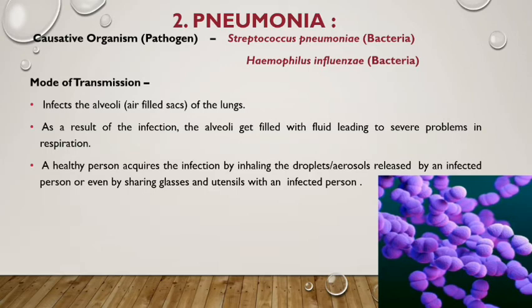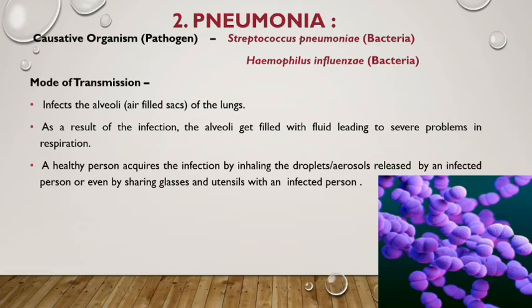Now if that person sneezes, or through his speech, some droplets are released in the air, then through those droplets a healthy person may acquire pneumonia. Or if by coughing he is spitting here and there, a healthy person may also acquire this disease.